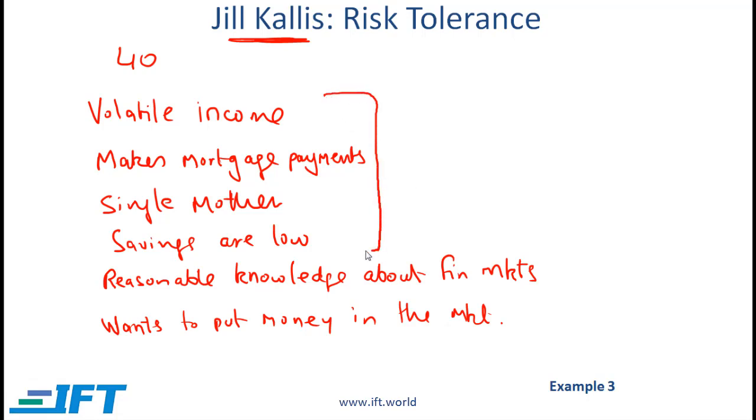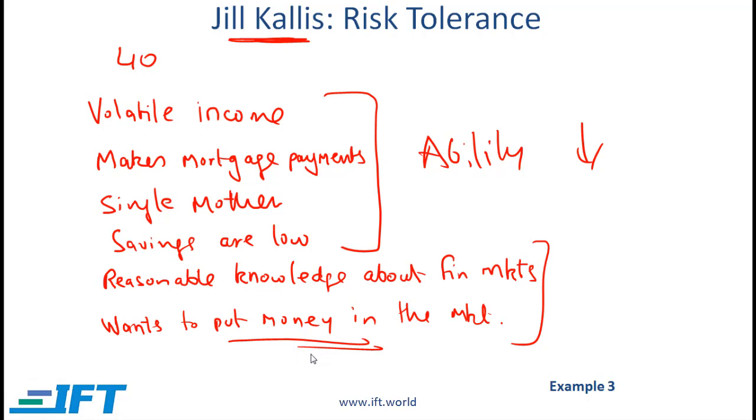Based on this information, it looks like her ability to take risk is low. But given the fact that she is knowledgeable about financial markets and wants to put more money in the market rather than in a relatively safe bank account, it looks like her willingness to take risk is high.